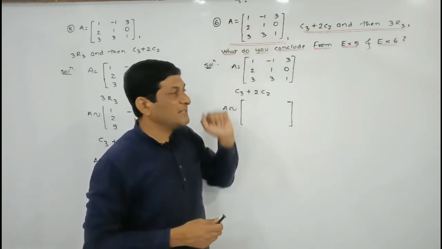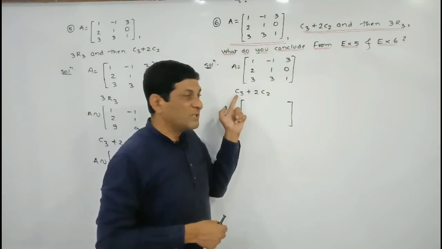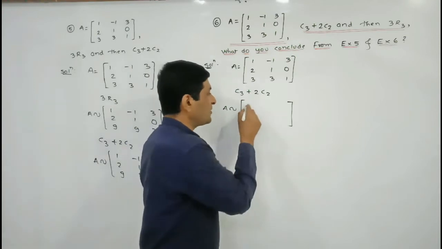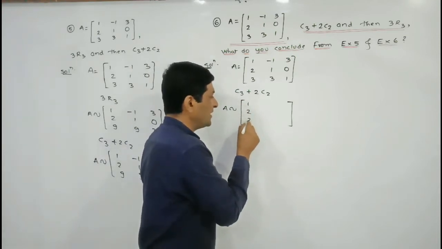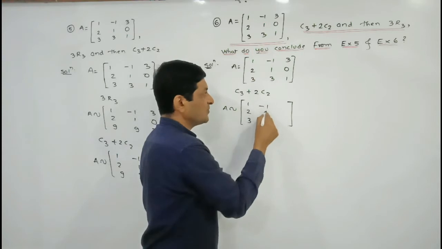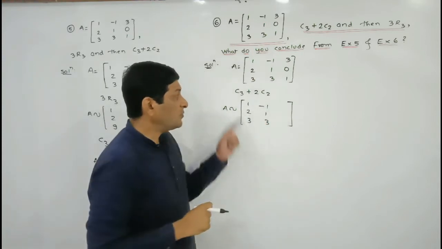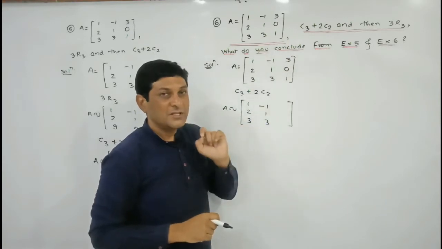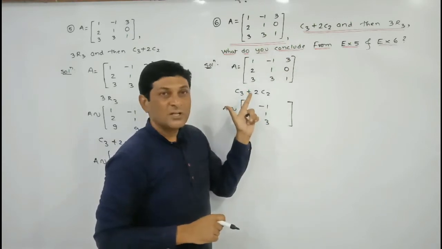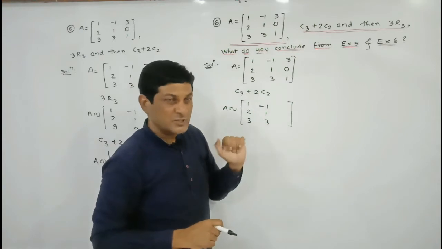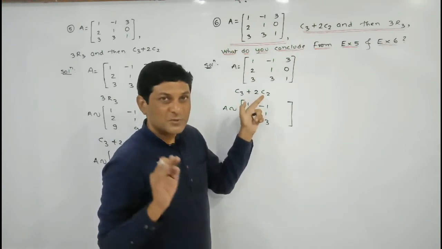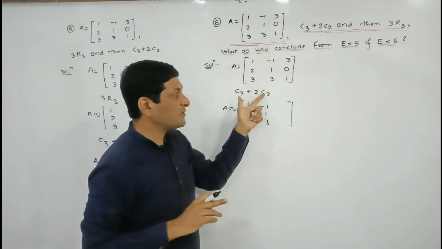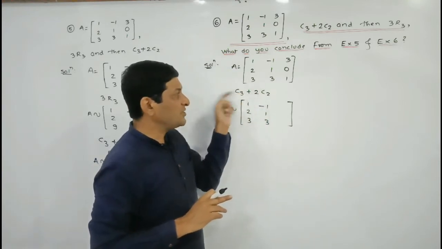So we have already considered this matrix. Now we are performing this operation on the elements of the third column, so don't disturb the elements of the first and second column. 1 2 3 keep as it is, minus 1 1 3 keep as it is. Now observe the elements of the third column. Here we are adding 2 multiples of C2, means we use the corresponding element of the second column, multiply it by 2 and add it to C3.